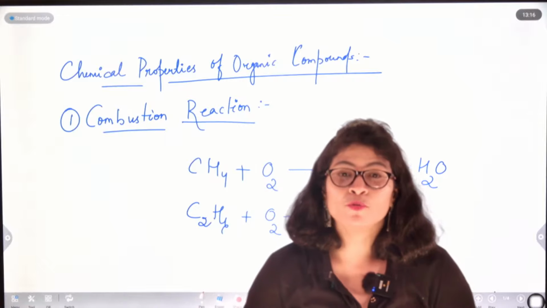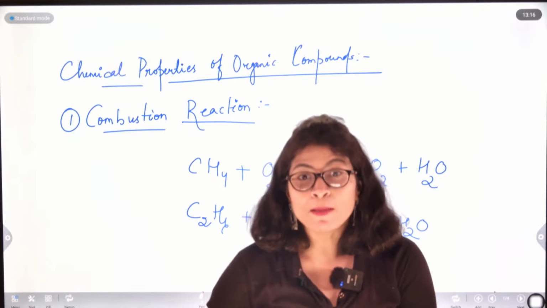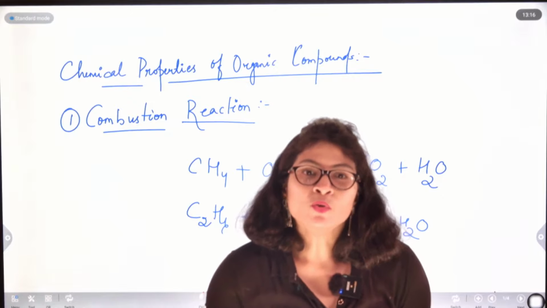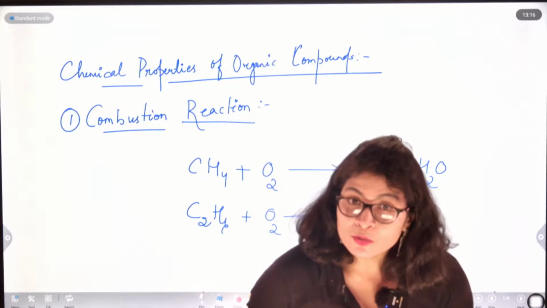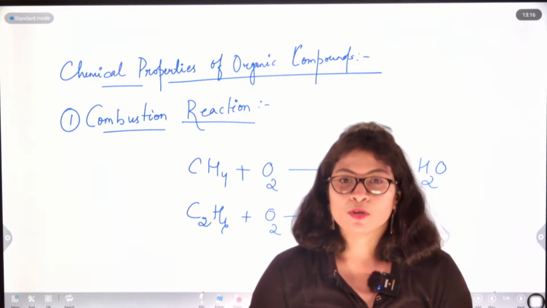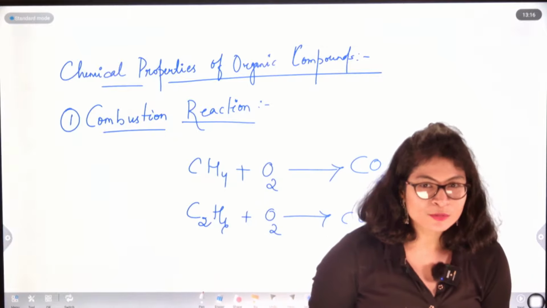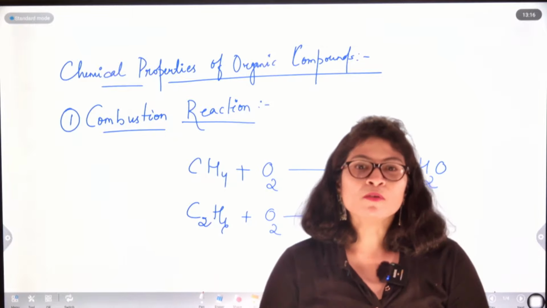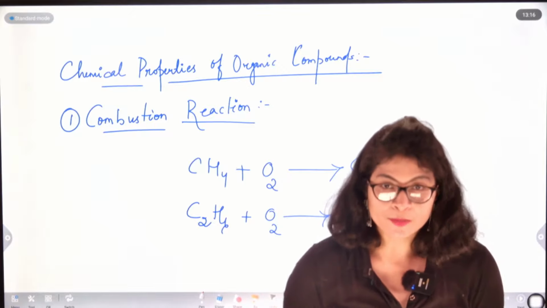But the point you have to note here is whenever you are burning something, there is a flame. By simply looking at the flame, you can say whether the compound is a saturated hydrocarbon or an unsaturated hydrocarbon. How? We have all seen gas stoves in our house. Whenever we burn the gas stove, we see a blue flame.